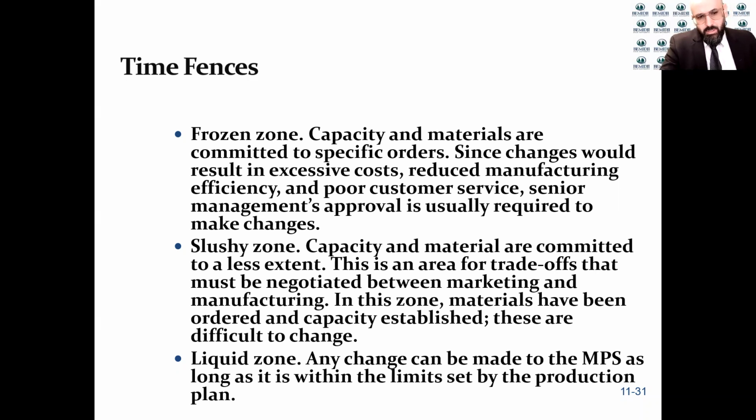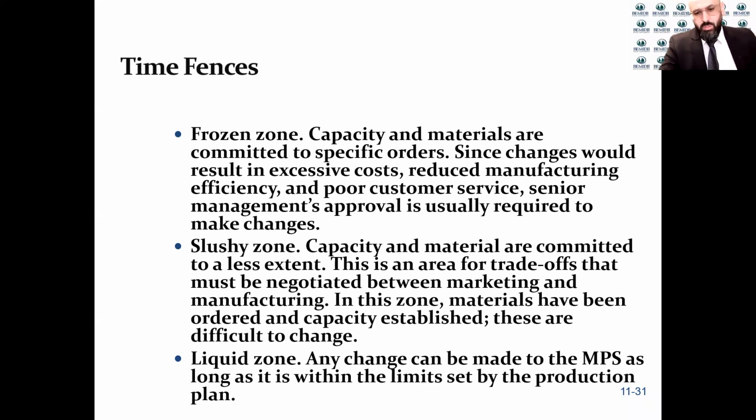Then the next zone would be the slushy zone, which is where capacity and material are committed to a lesser extent. This is an area for trade-offs that must be negotiated between marketing and manufacturing. In this zone, material has been ordered and capacity established. These are also difficult to change.